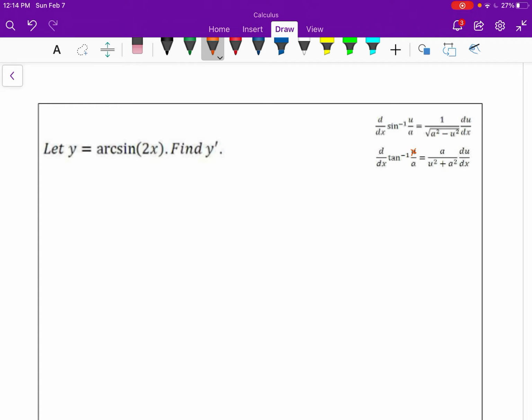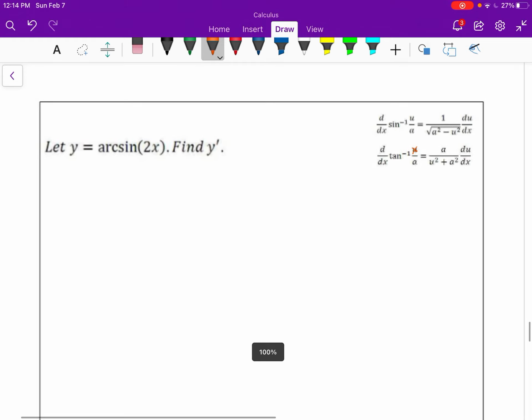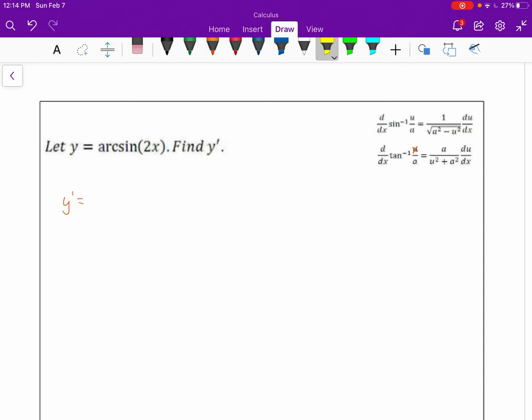Let's try this one. So we have arc sine of 2x, and we want to find the derivative of that. So y prime will equal, and now we'll be using this one over here. It's going to equal 1 over, and again we can say this is over 1. So we have the square root of a squared, which is the denominator.